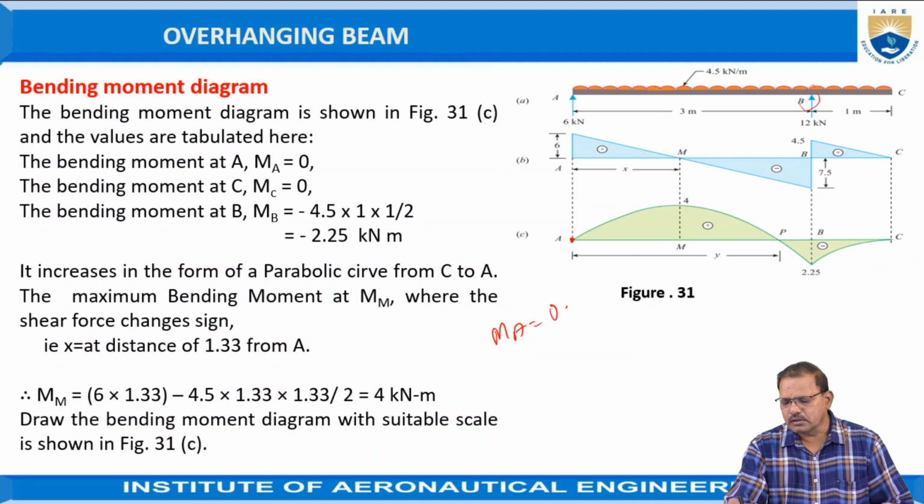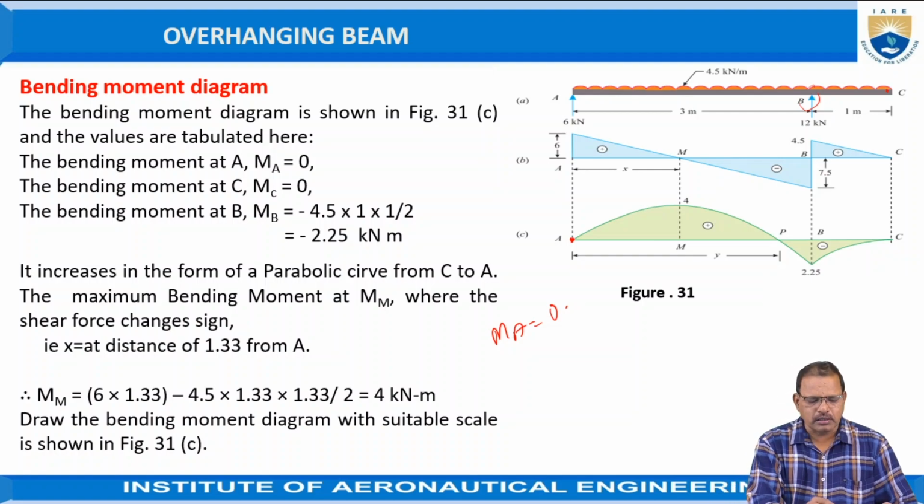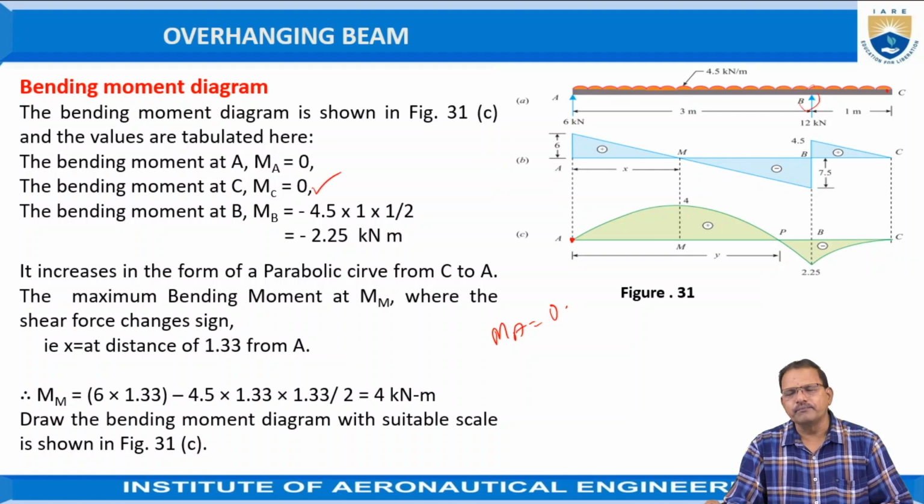Similarly, point C is the end of the cantilever portion where the bending moment is equal to 0. Hence, the bending moment at C, MC, is also equal to 0.